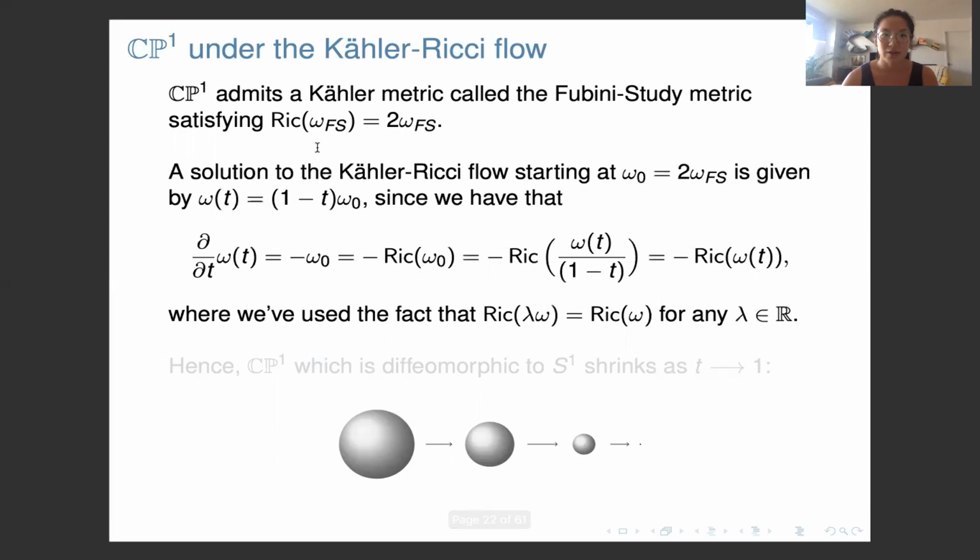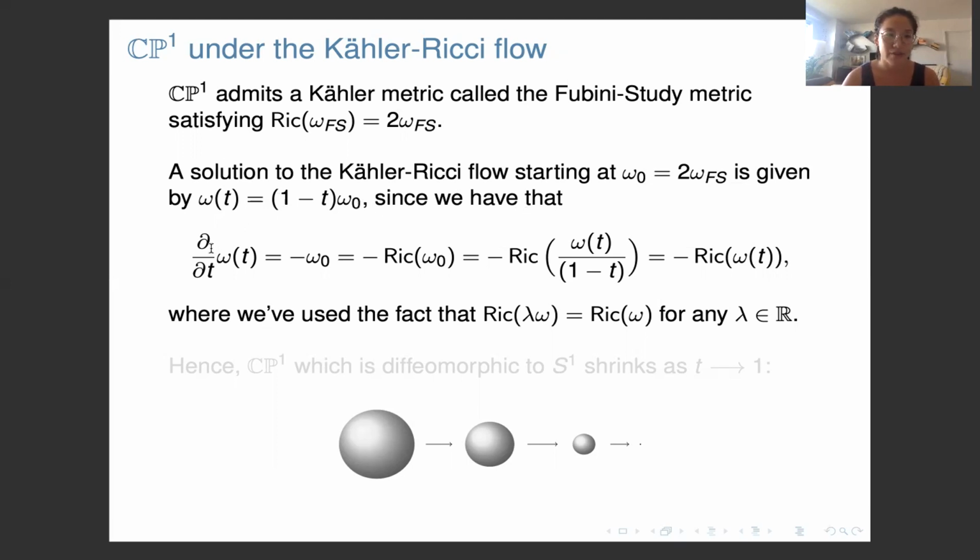So we can construct an example where we start the Kähler-Ricci flow at this initial metric omega naught equaling twice the omega Fubini-Study metric. And then we define the evolution to be omega of t equaling 1 minus t scaled against omega naught. And we'll show that this in fact is a solution to the Kähler-Ricci flow.